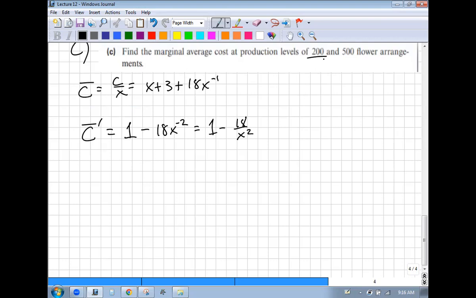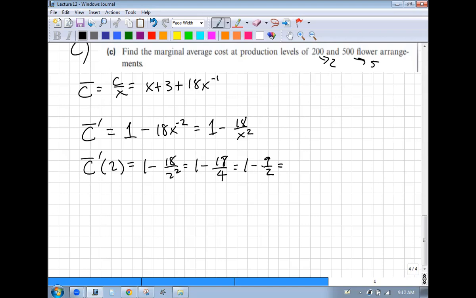They want to find out at 200 and 500. So remember, this is just 2, and this is just 5. So at 2, we get 1 minus 18 over 2 squared. What is this? Divide the top and the bottom by 2, we get 9 halves.